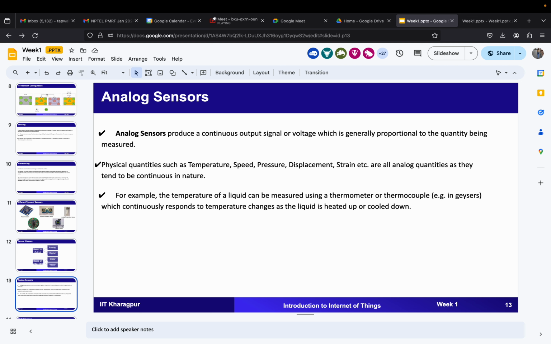Physical quantities such as temperature, speed, pressure, displacement, and strain are all analog quantities, as they tend to be continuous in nature. For example, the temperature of a liquid can be measured using a thermometer or thermocouple, which continuously responds to temperature changes as the liquid is heated up or cooled down.